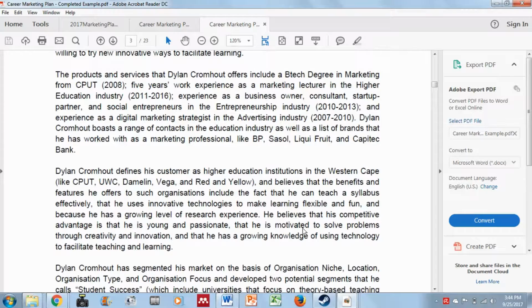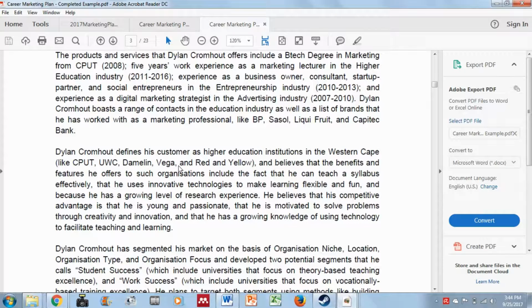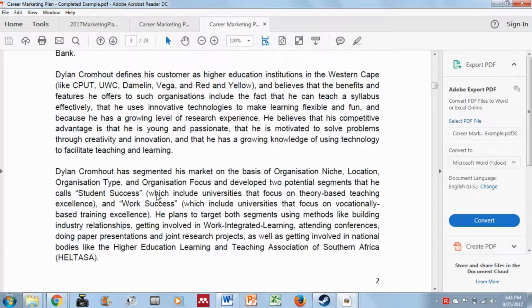Then I define my customer, and some of the benefits and features that you can offer include, and I give some of those. And I look at my competitive advantage as well. Then I move to the segmentation section. I discuss the bases that I use to segment, some of the sub-bases, and I develop two potential segments, which is student success and work success, and I explain what they are.